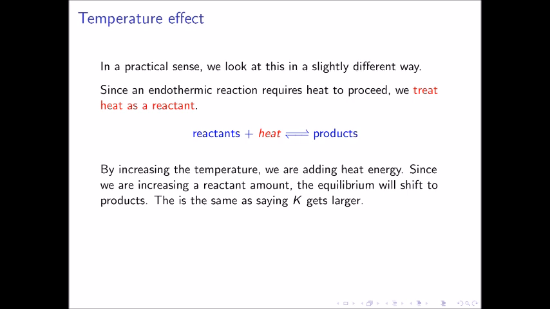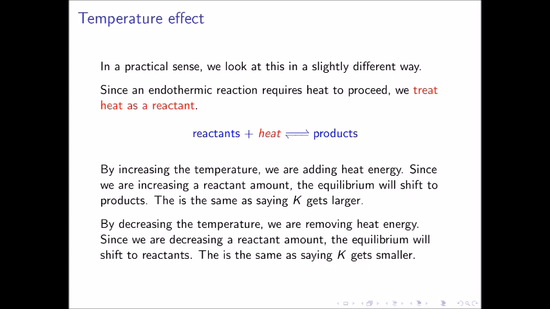This is effectively increasing the amount of a reactant, and this shifts the equilibrium toward products. This is the same as saying that K gets larger. By decreasing the temperature, we are removing heat energy, effectively decreasing the reactant amount. Thus, the equilibrium will back react to shift to reactants. This is the same as saying K gets smaller.